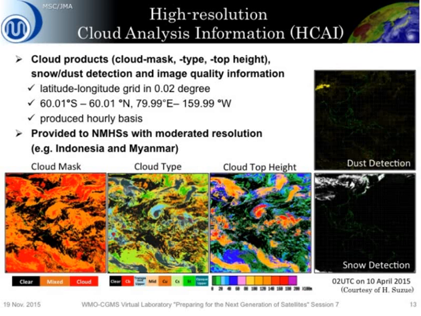Here I show the high-resolution cloud analysis information, abbreviated as HCAI. This consists of cloud products, snow and ice detection, and image quality information. The difference between these and previous cloud products is that these HCAI are products on latitude-longitude grid in 0.02 degrees.